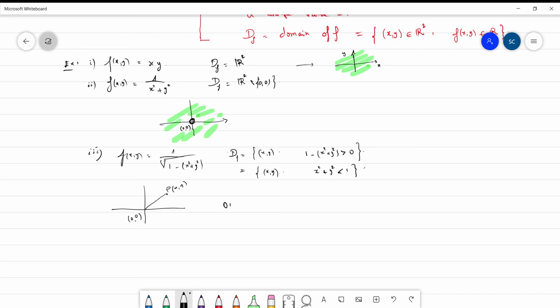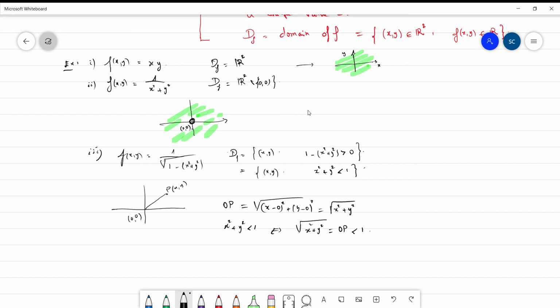The distance OP will be the square root of (x − 0)² + (y − 0)², which is the square root of x² + y². So saying the relation is less than 1 is equivalent to saying that the square root of x² + y², the distance of the point P to the origin, must remain less than 1.